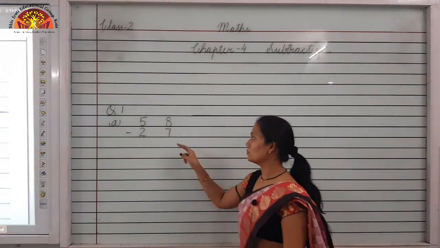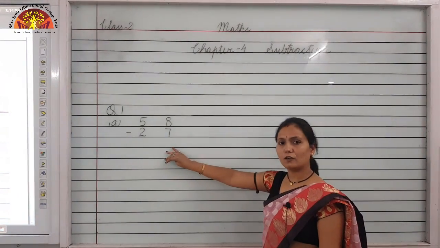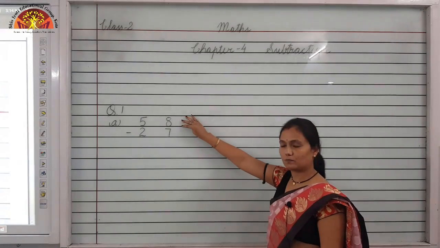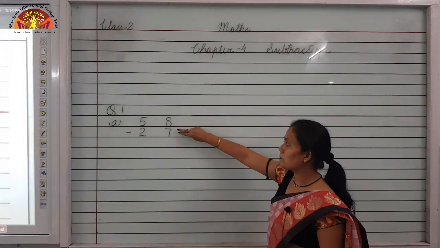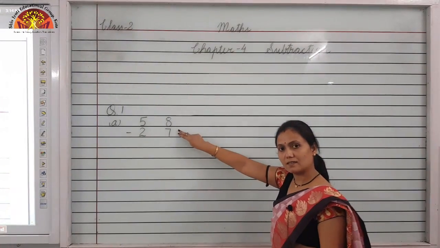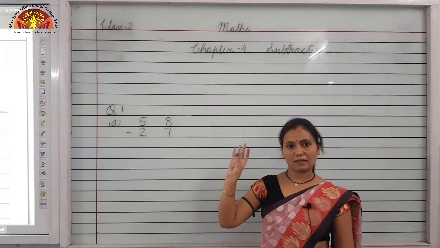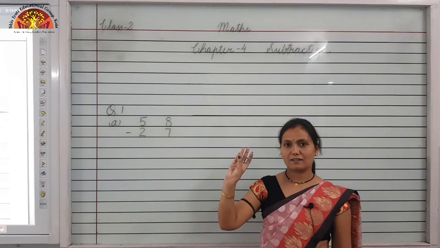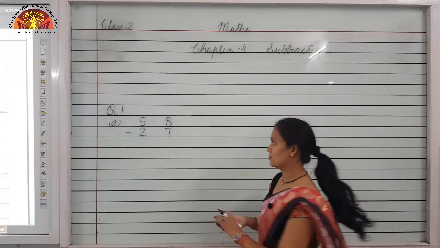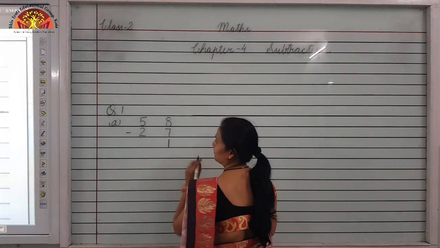Here we have to subtract 27 from 58. So 8 minus 7 is, calculate after 7, 8. So only 1. So we will write here 1.